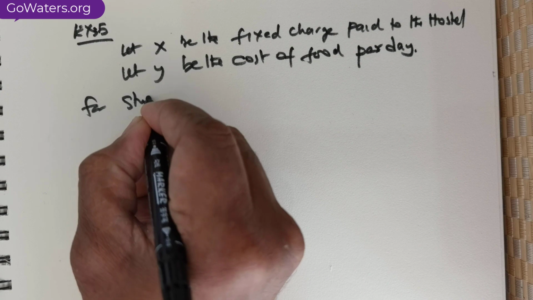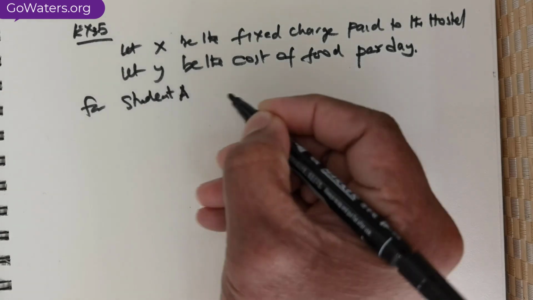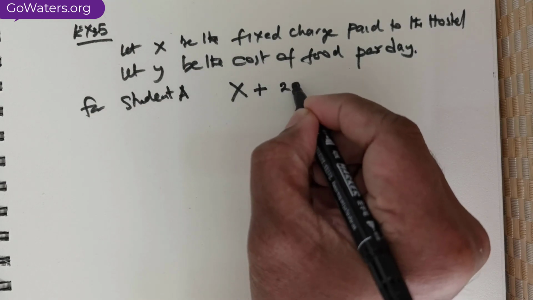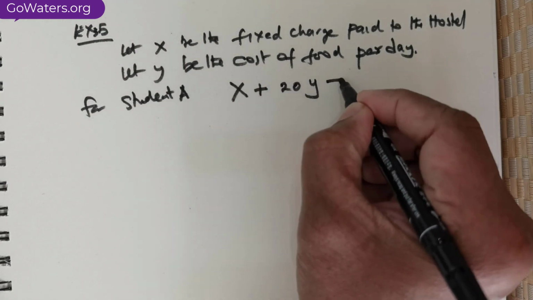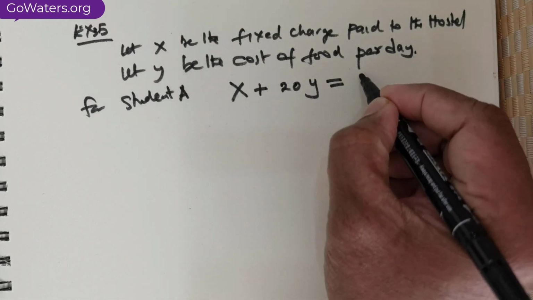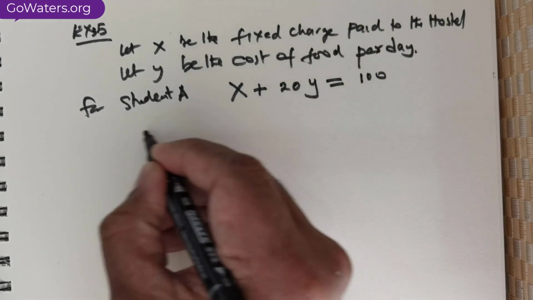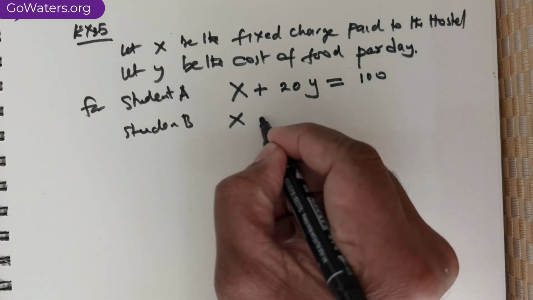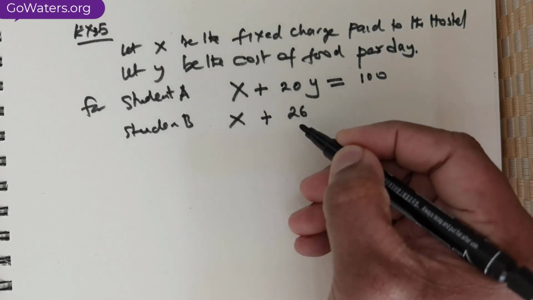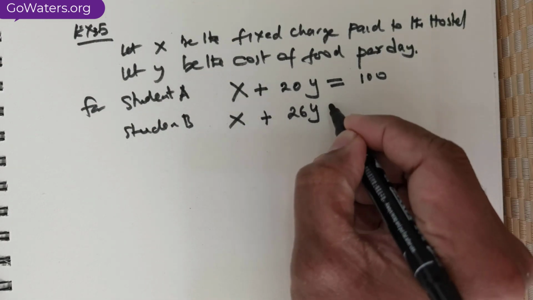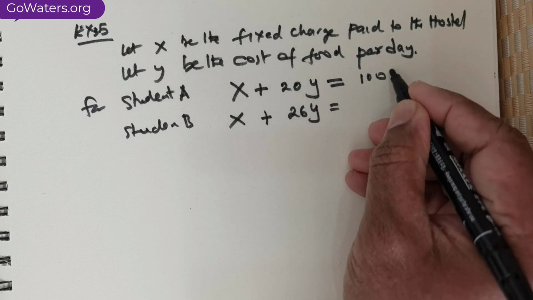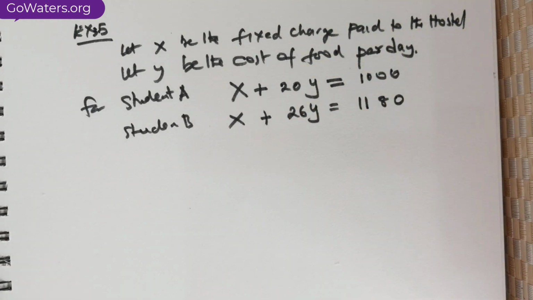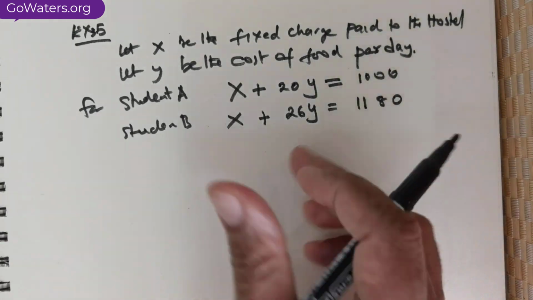For student A, the fixed charge X plus she is taking food for 20 days and each day she has to pay Y rupees, and that is equal to 1000. For the second student, student B, he has to pay X, but he is taking food for 26 days. That has to be multiplied with Y, and the cost he has to pay is 1180. So these are the prices that they have to pay, and these are the equations.